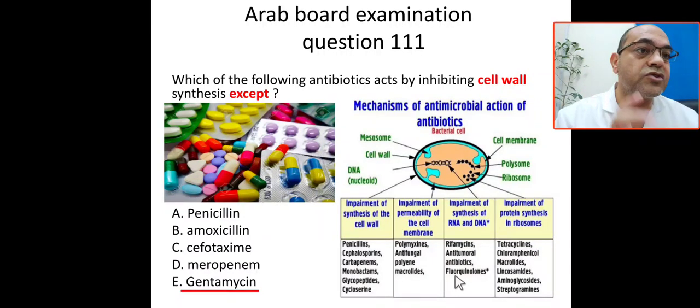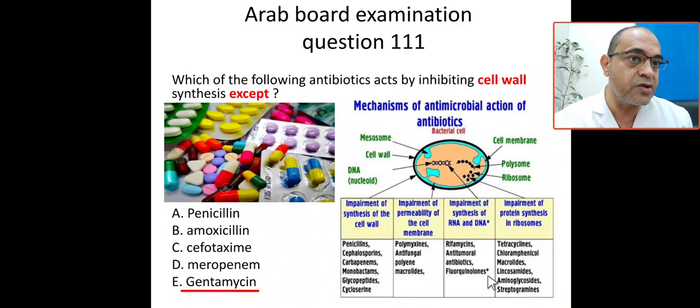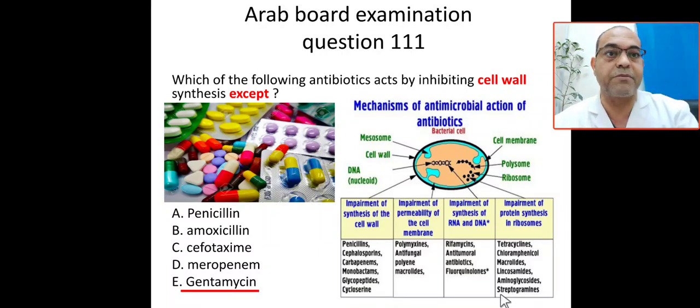Antibiotics that act on the nucleic acid, RNA and DNA. This is RNA, it will be rifampicin, antifungal, and also fluconazole. If you see here, it will impair the protein synthesis in the ribosome: tetracycline, chloramphenicol, macrolides, and also aminoglycoside, gentamicin, and streptogramins.